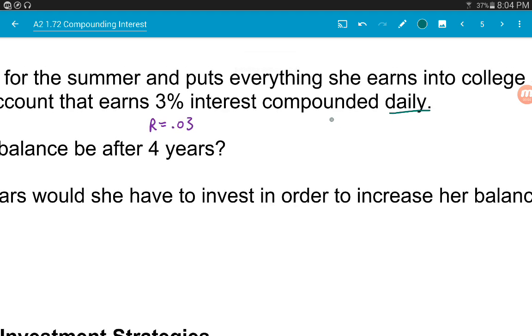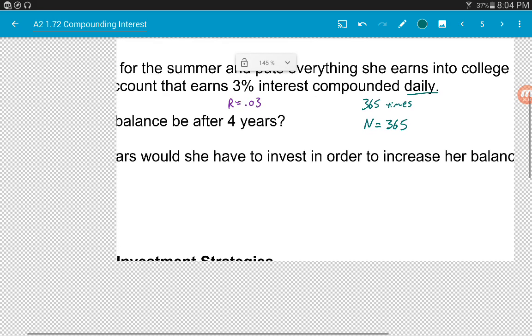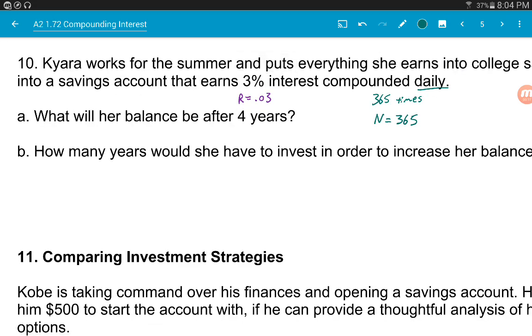Compounded daily means that it is done 365 times per year. So N is going to equal 365. I'm going to put all this info into the equation, and then we can move forward from there onto parts A and B, okay?